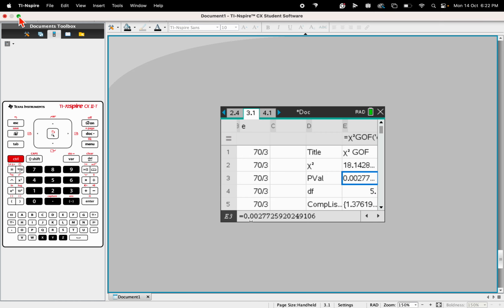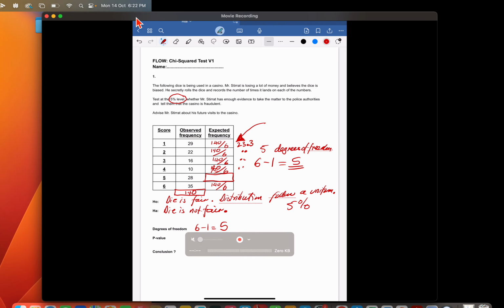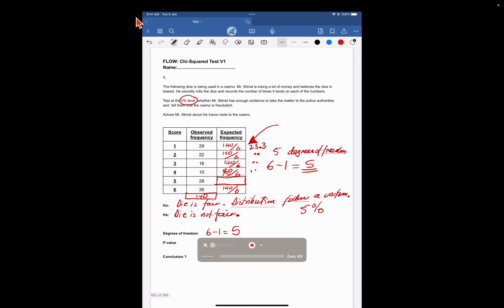Okay, so let's go back to our work. So the p-value is, let me just get my pen working, 0.00277. 3 sig fig is good for most of the work we're doing.